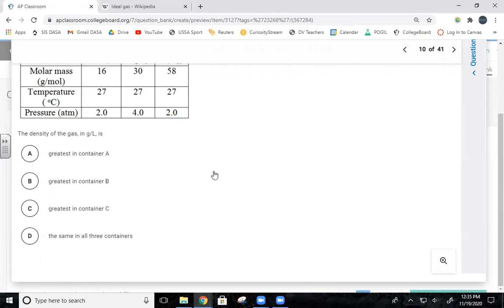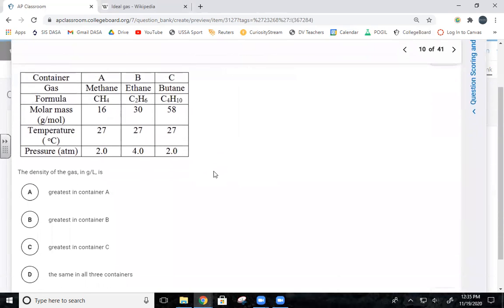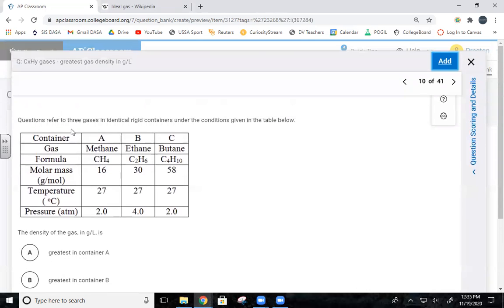So PV equals nRT. So let's look at this. Three gases in identical rigid containers under the conditions given in the table.